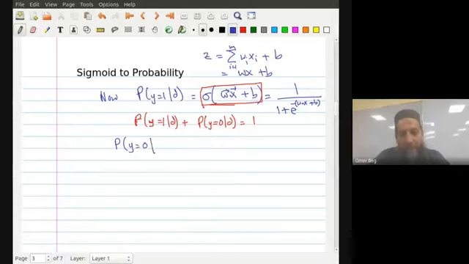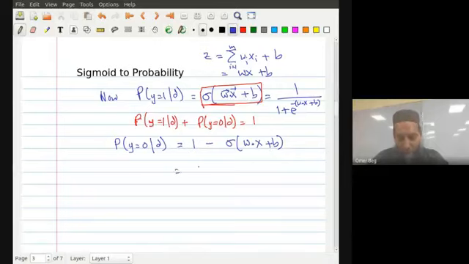y belonging to, or the document belonging to, class 0, the negative class, as 1 minus the sigmoid of w dot product with x plus b, and that's it.